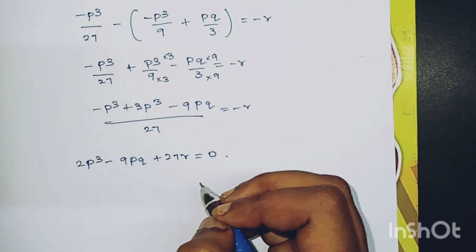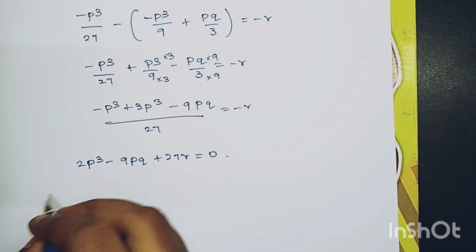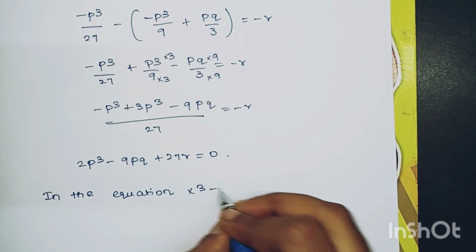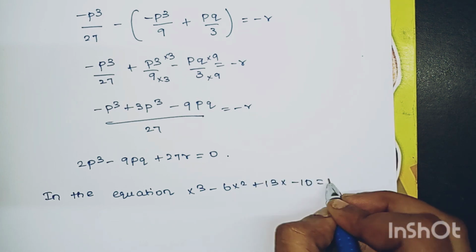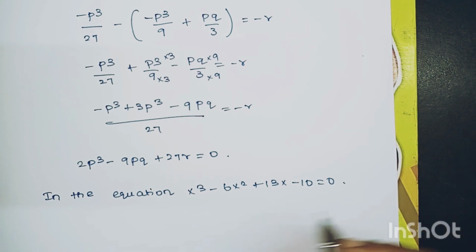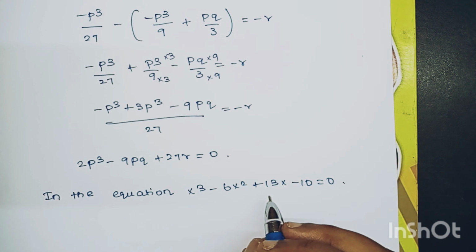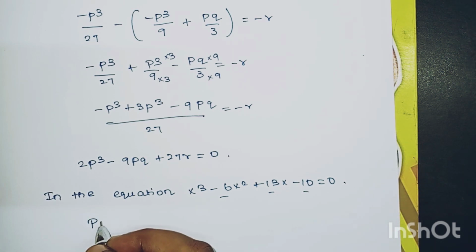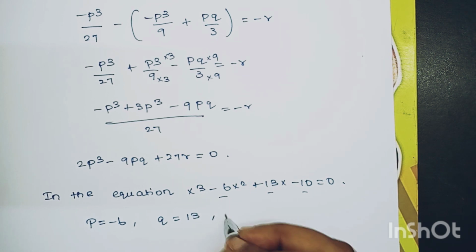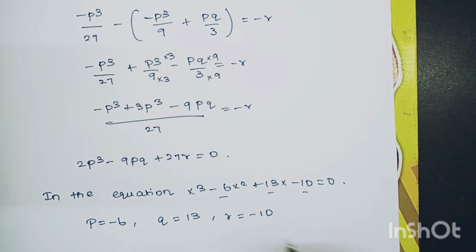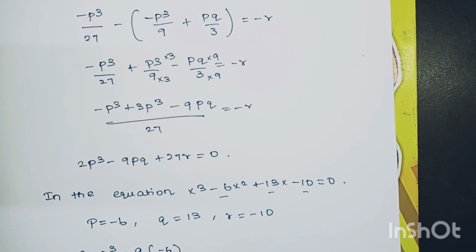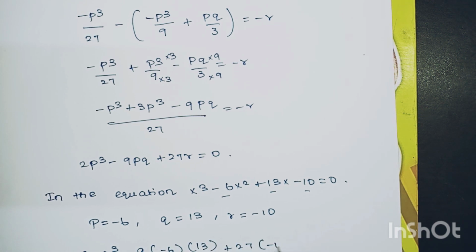Now you got the equation that is given in the question. So in the equation x cube minus 6x square plus 13x minus 10 is equal to 0, from here we are going to find the p value, q value, r value using the coefficients. So the p value is -6, q value is 13, r value is -10. Now we are going to substitute these values in this equation. So what answer will come? 2 into -6 the whole cube minus 9 into -6 into 13 plus 27 into -10.